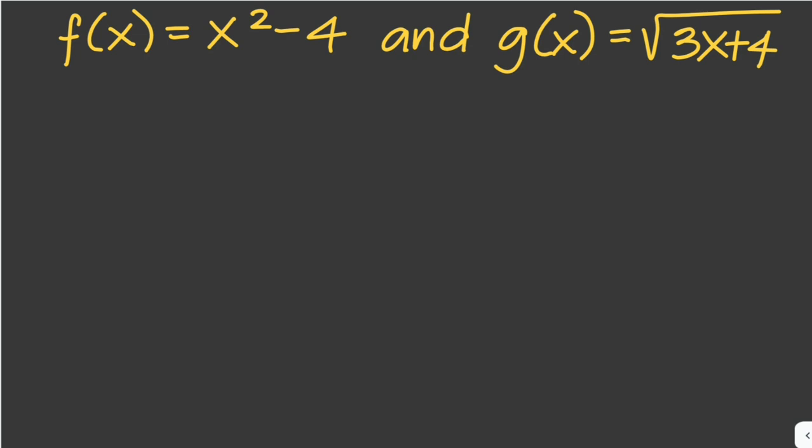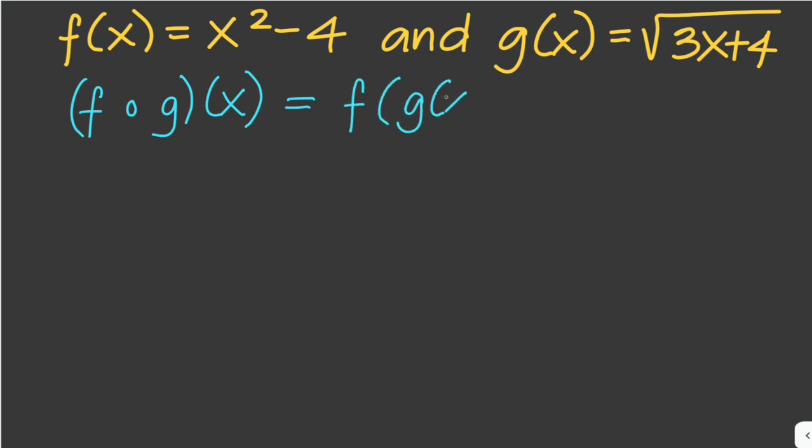Now, we're given here two functions, f of x equals x squared minus 4 and g of x equals square root of 3x plus 4. So let's solve f of g of x. This means that f as a function of g of x, or our domain, will be replaced by the whole function g of x.